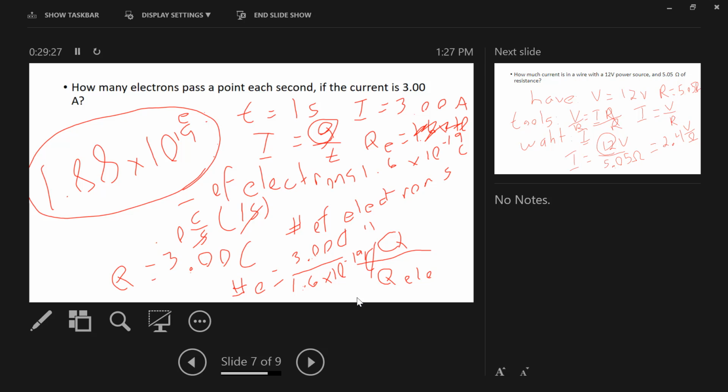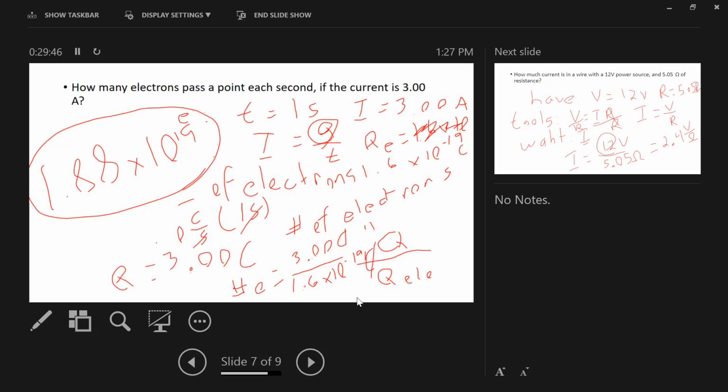Right here, there should be a 3 and a 0. The point made it through, but the 3 and the 0 did not. So 3.00 coulombs per second, which is the same thing as 3.00 amps.